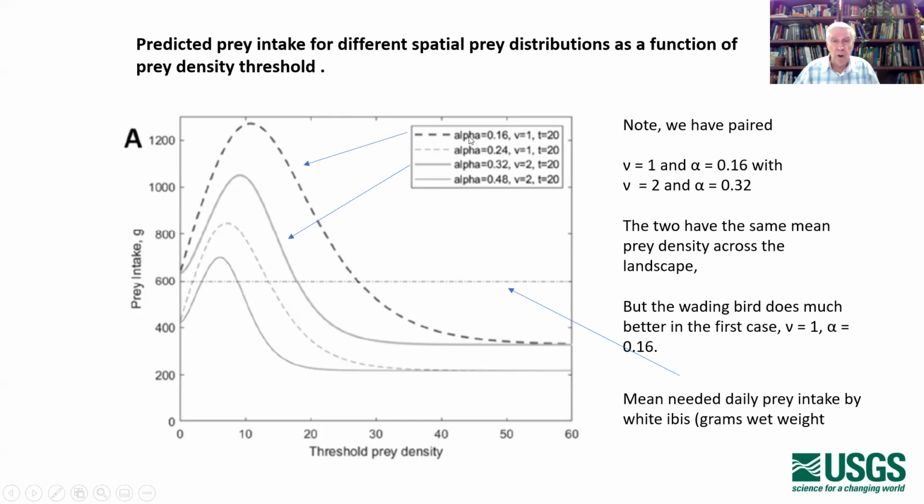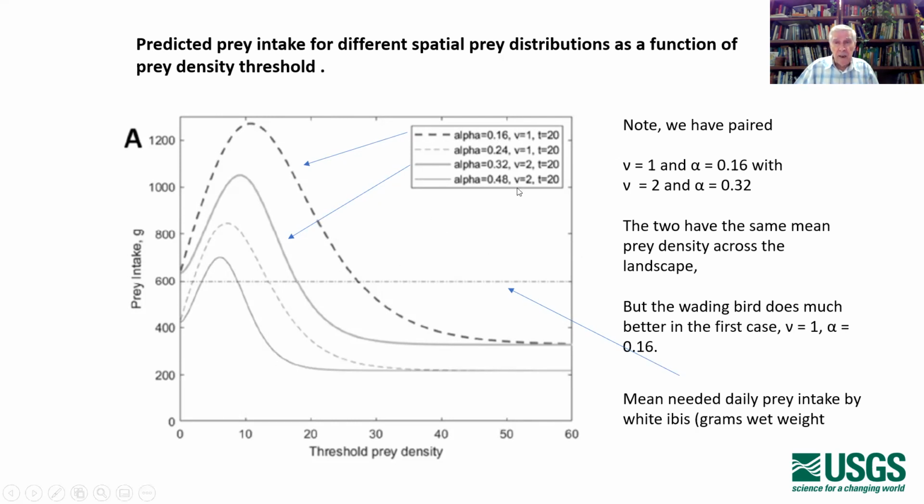In particular, for a landscape with alpha equals 0.16, nu equal 1, they get a huge amount of energy at their peak strategy, which is assuming a prey threshold density of about 10 grams wet weight. So they're waiting around to get to that prey density before staying in that patch.